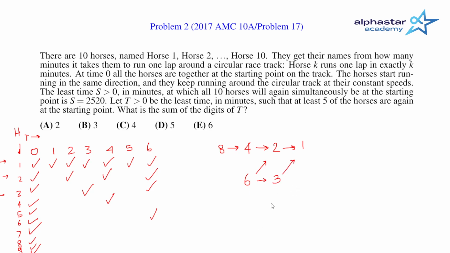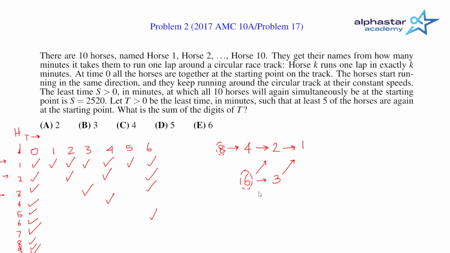So we can see that 1 obviously will be at the start at every t. As we progress, we can see in this diagram that there are already 6 numbers here, which is more than 5. So if we can confirm that a number is divisible by both 8 and 6, then it's also divisible by 1, 2, 3, and 4, which is at least 5 horses.